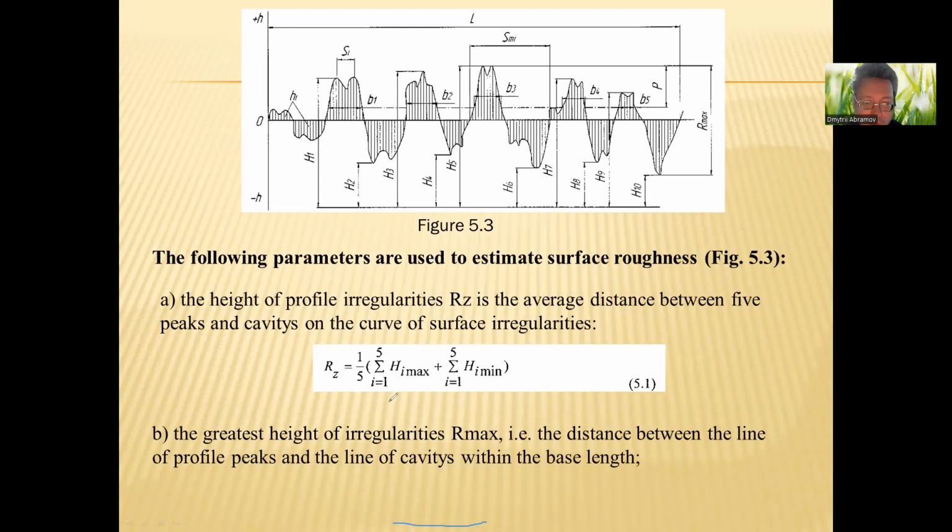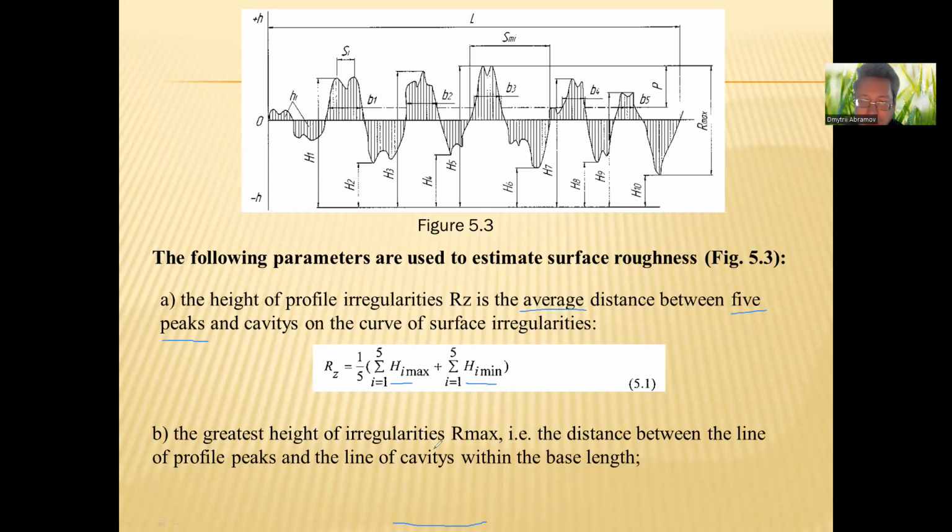It's the sum of five peaks and 5 cavities on the curve of surface irregularities and the average value of this sum.